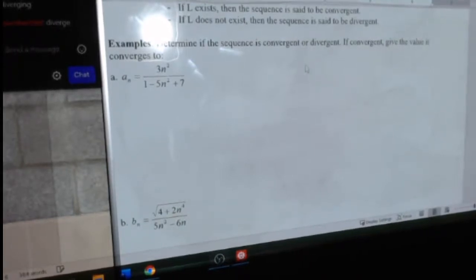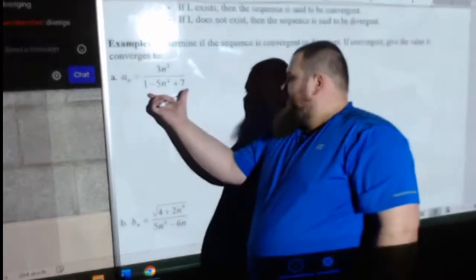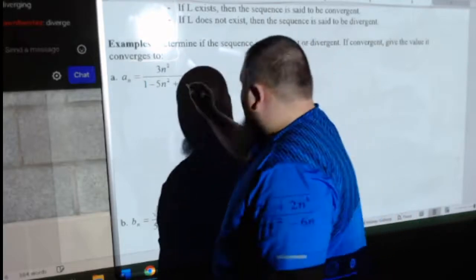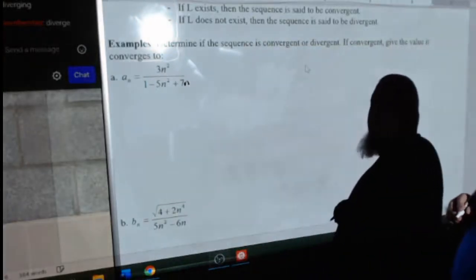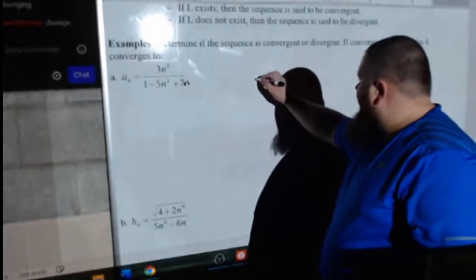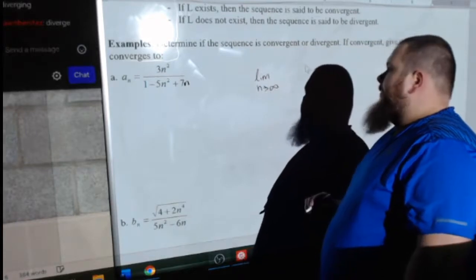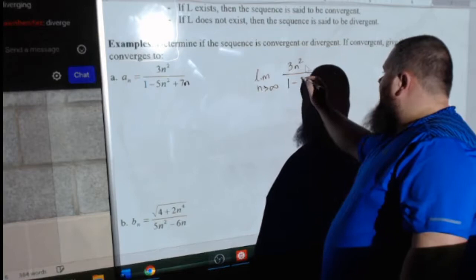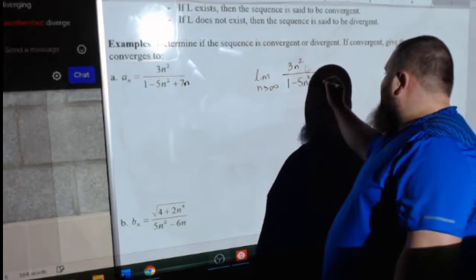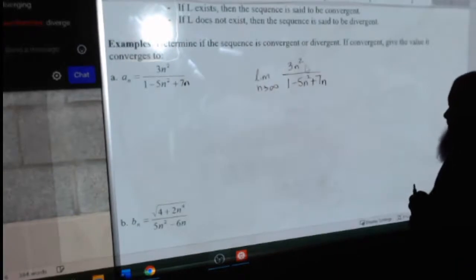So the first one here is, and let me just change this. I keep forgetting to do it. This is silly to have 1 plus 7 down here. Make this a 7n. So I want to take the limit as n approaches infinity, 3n squared over 1 minus 5n squared plus 7n. Now these are infinite limits.